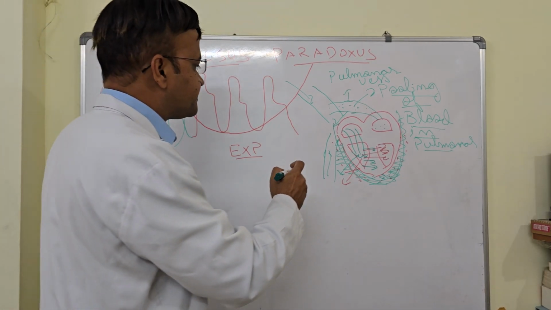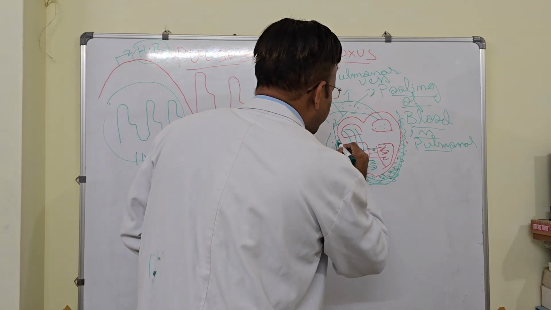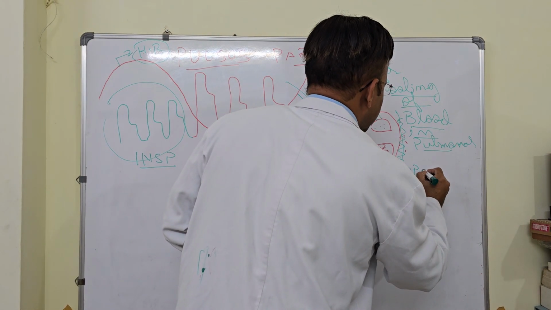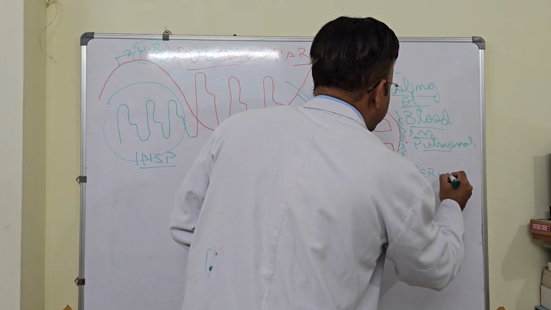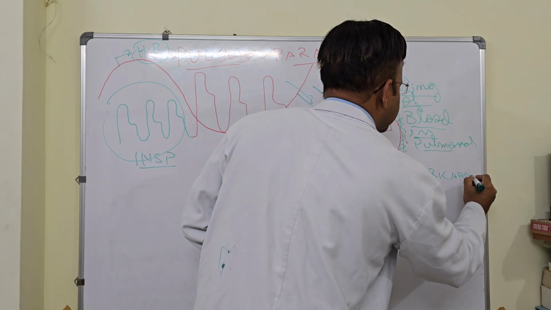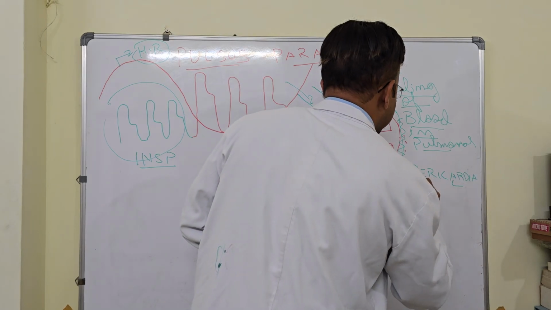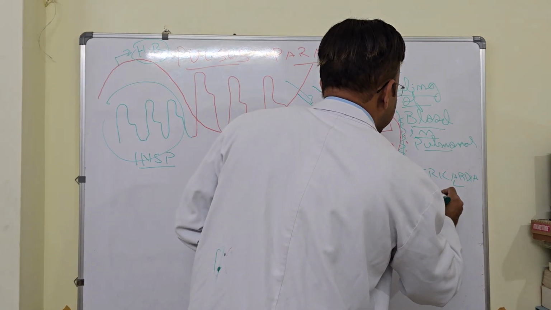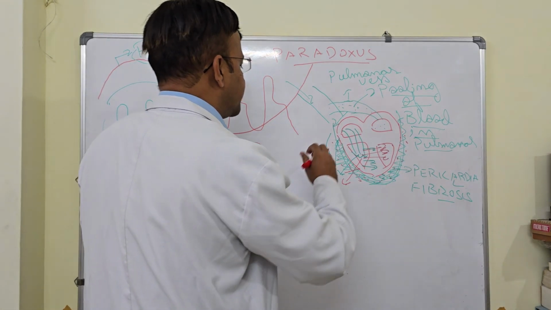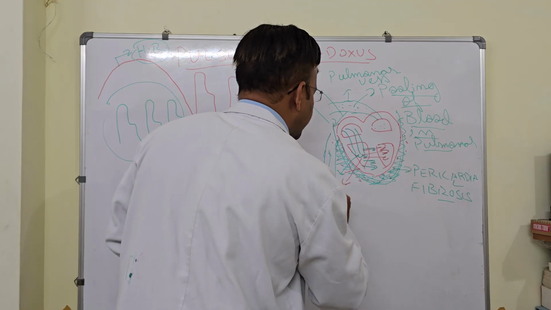Now suppose you get fibrosis all around this, pericardial fibrosis, or if this gets surrounded by a lot of fluid, what are we going to call that? Cardiac tamponade, right?